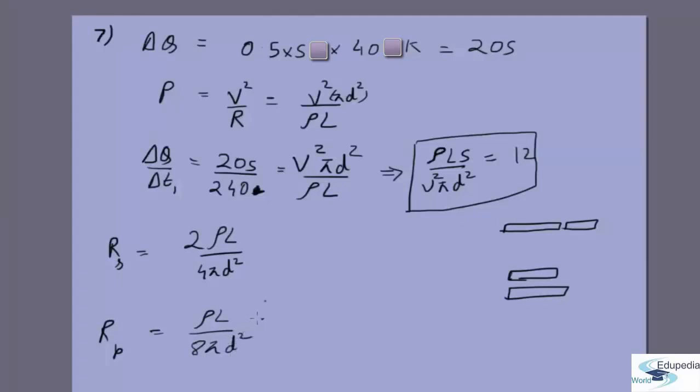And now we need the time taken to raise the temperature by the same amount. So delta Q will be the same, and that means delta Q by delta Ts will be 20S by delta Ts, which has to be equal to V squared by the resistance. Earlier it was rho L by pi d squared, now it is 2 rho L by 4 pi d squared.